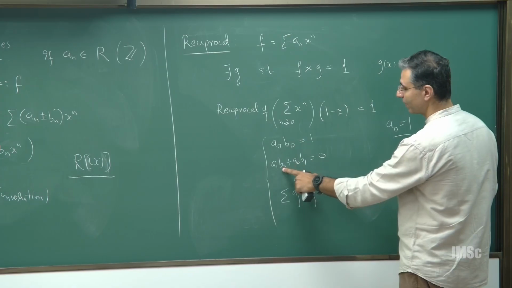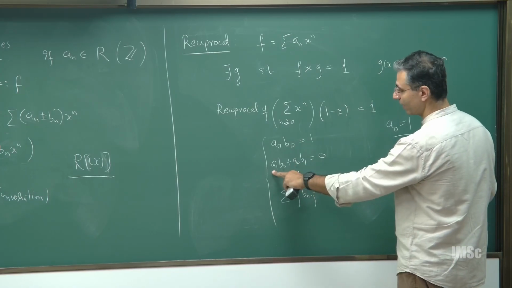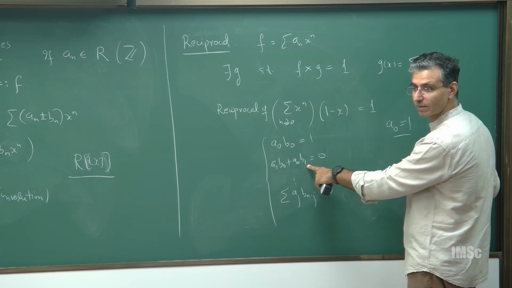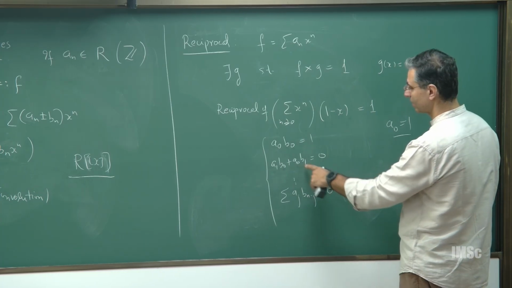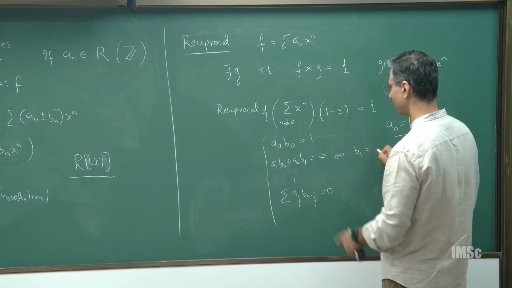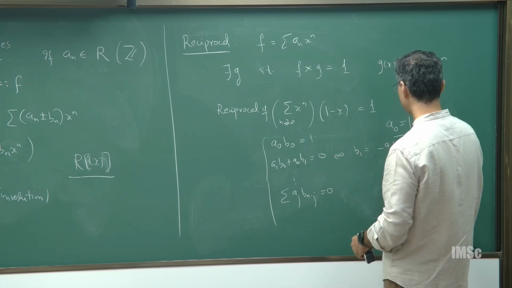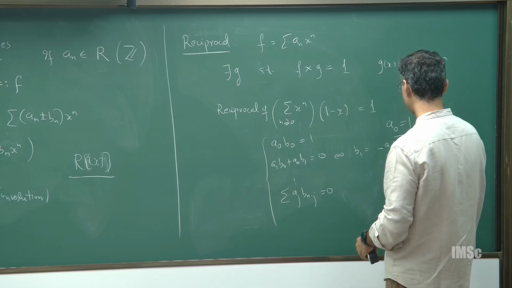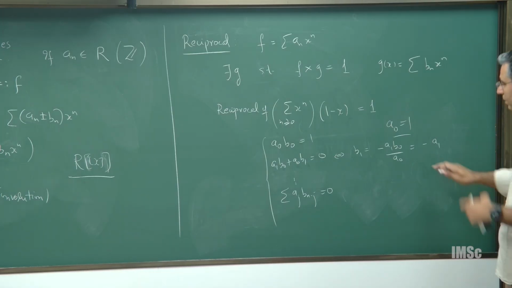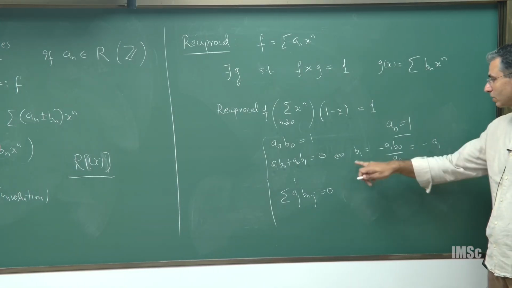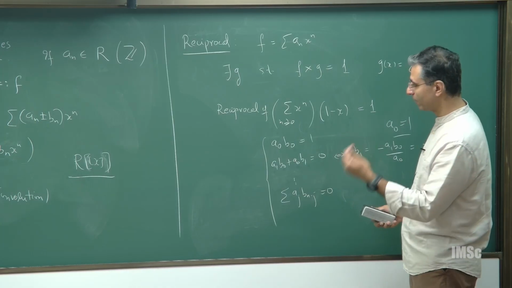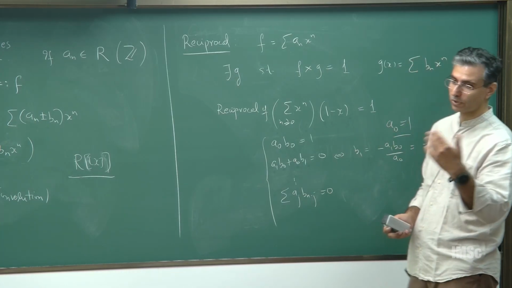Now you know a naught is 1, b naught is 1, you know what a1 is, you can solve for b1. b1 is whatever minus a1 b naught by a naught. So, you can solve for b1. In the next one, you know b naught, b1, you can solve for b2, you know a naught, a1, a2.